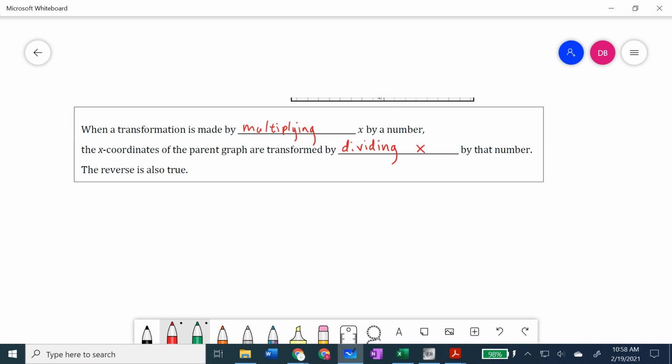And the reverse is also true. So that reverse would be if the transformation is made by dividing x by a number, the x coordinates of the parent graph are transformed by multiplying those x's by that number. And this is a really, really valuable thing to grab a hold of.